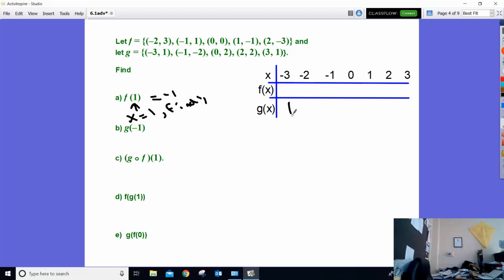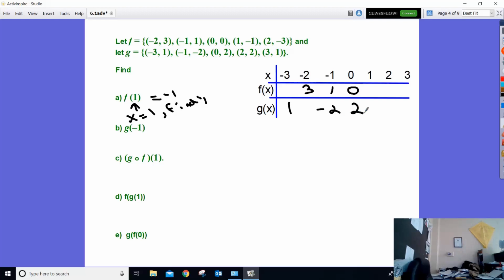When x is negative 2, does f have a value? 3. Does g have a value? No. There's no entry in g for x value negative 2. When x is negative 1, f has a value of 1, and g has a value of negative 2. When x is 0, I see a 0 there.